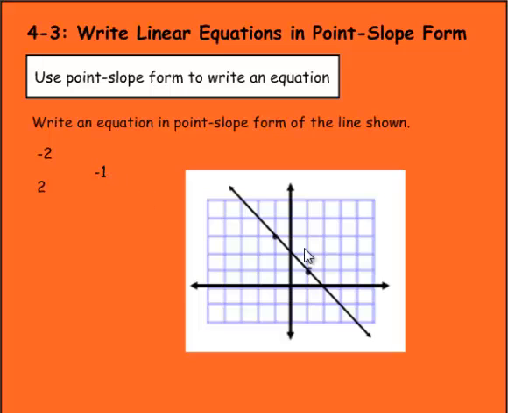Now that I have my slope, I can use either of these points to help me write my point-slope form equation. Because a point-slope form equation equals y plus something, which we don't know yet, equals the slope, negative 1, and then in parentheses, x plus something. That's what it looked like as we worked on it last page.